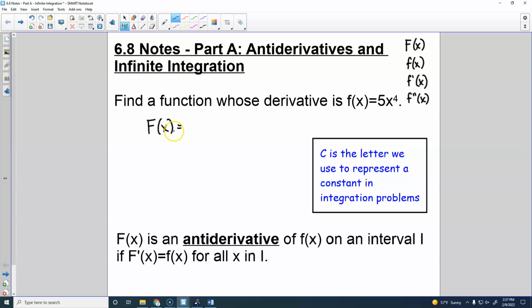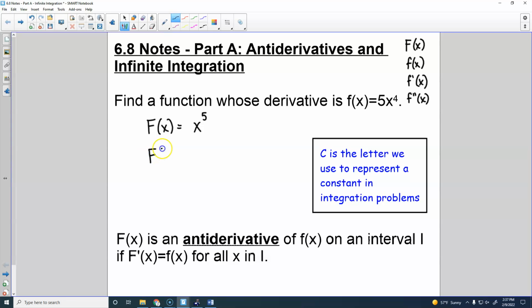So capital F, if we integrate this, we would add 1 to our exponent, and then we divide out front by that exponent, which 5 divided by 5 would just give us a 1. So this function has a derivative of 5x to the 4th. But as we were talking about earlier, it's not the only function that would work.